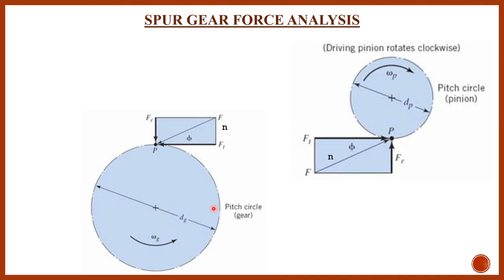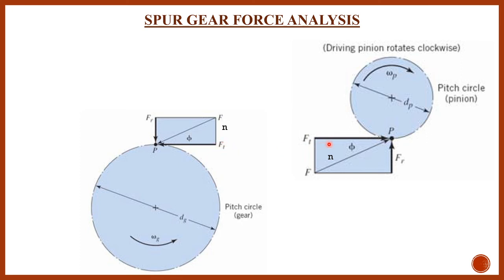Now, when two gears are in mesh, this is one tangential force. This gear rotates in the clockwise direction, the tangential force is moving towards the right hand side, this is the pitch point, and the radial force is in the upward direction. Again, here you will find the radial force in the downward direction. These are the same forces, Fr, Ft, Ft.